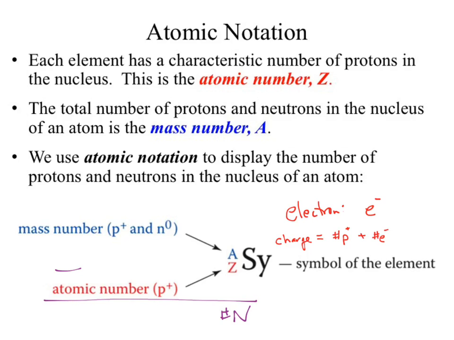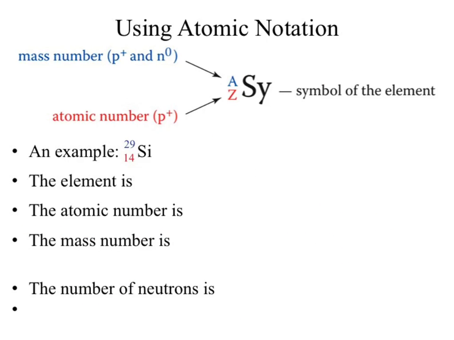Okay, so let's take a look at an example. If I'm giving you this notation, silicon-29 with atomic number 14. The element is silicon. How do we know it's silicon? You're supposed to know that Si is silicon.